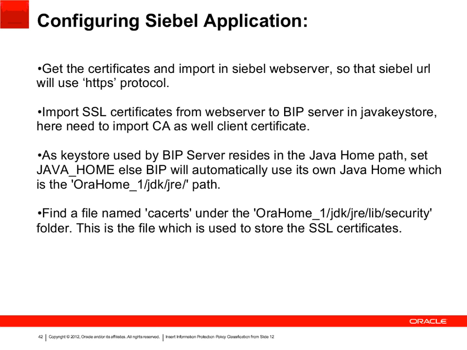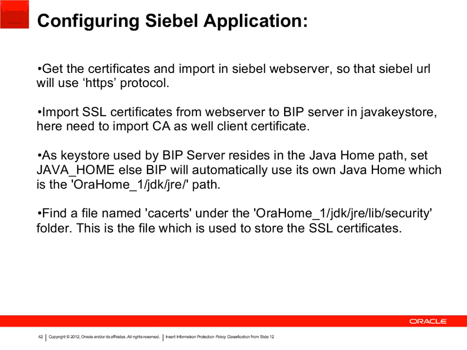secure protocol. Now, in BI Publisher, there is a utility by which the certificates can be imported. It's called the keytool utility. The keytool utility is located in the Java keystore. Basically, it resides in the Java home path. Now, there is an important point to note.